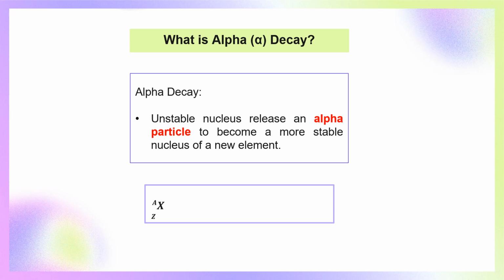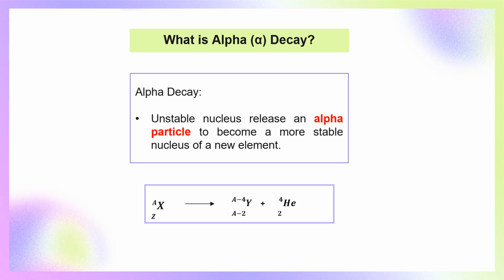X here is the parent, A is the nucleon number, and Z is the proton number. This unstable parent will undergo radioactive decay and will produce the daughter, which is a more stable nucleus, and it also will produce helium, or we can call it an alpha particle.